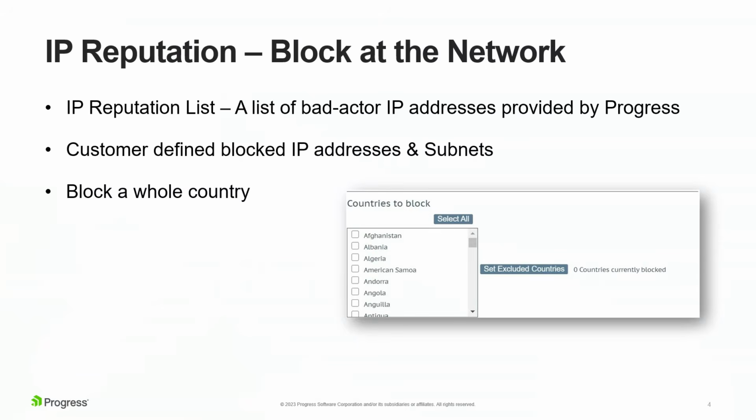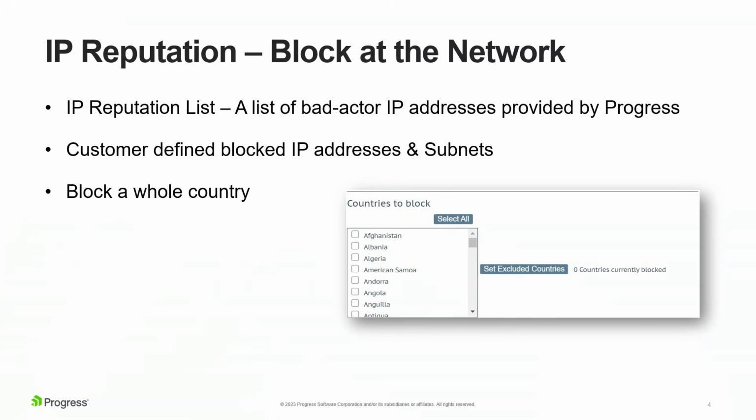One of the first things that we can do here is IP reputation. Essentially, we've got deny lists of IP addresses and IP reputation lists, and we provide that list automatically.